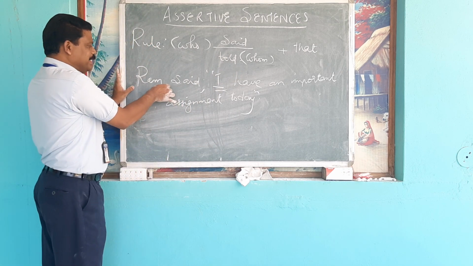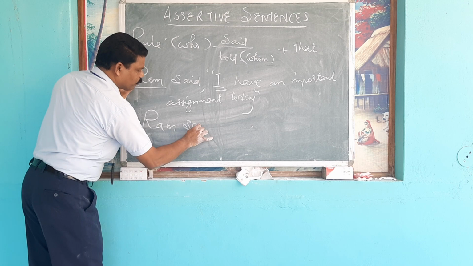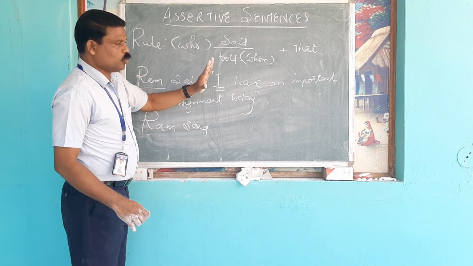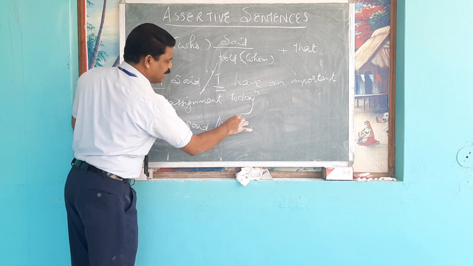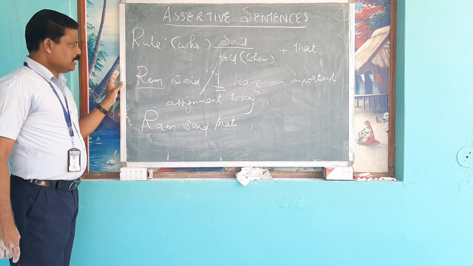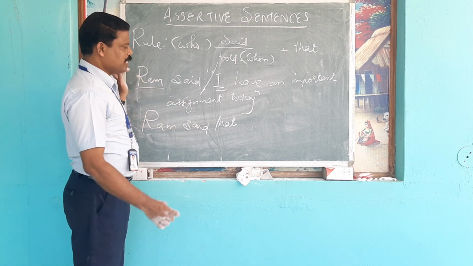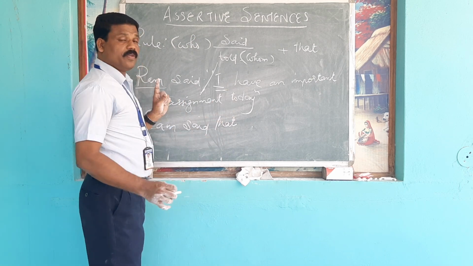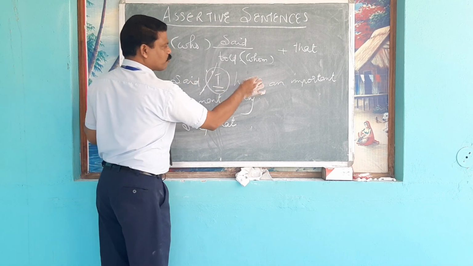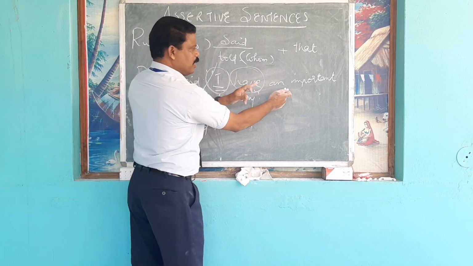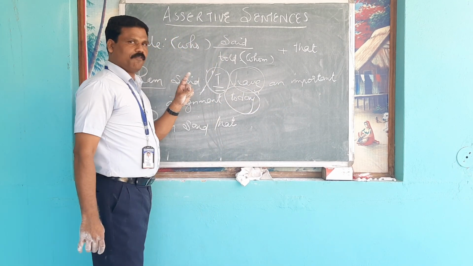Here the speaker is alone. So said. Ram said. So we have to change the inverted commas and we add that there. Subject, reporting verb plus that. Then third step, identification of changing words. I will change, have will change, important assignment today will change.